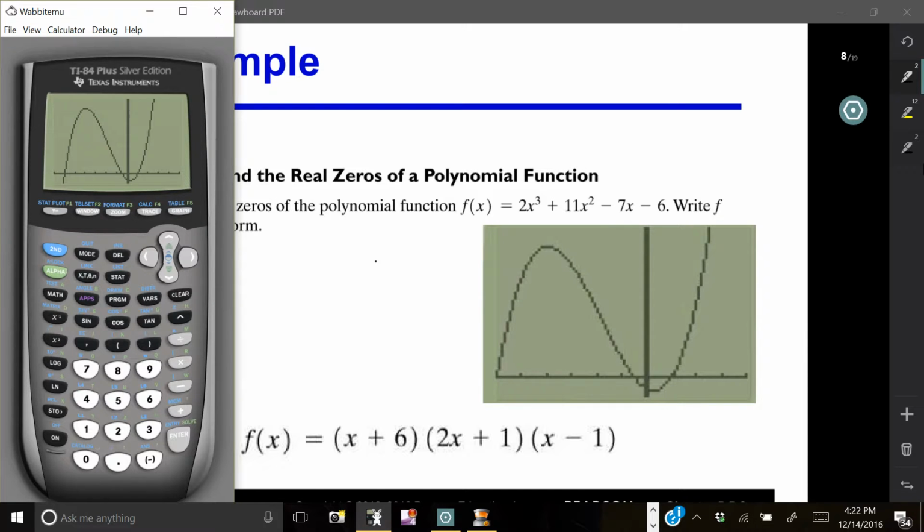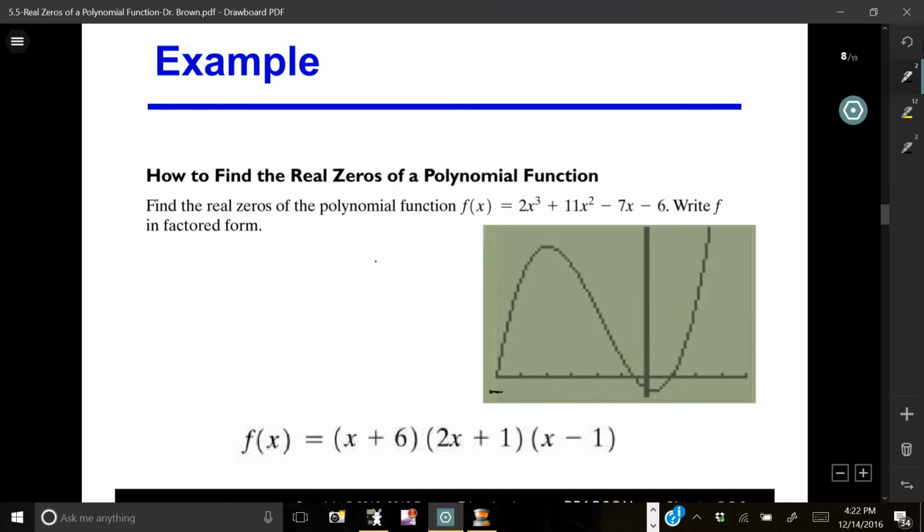the zeros are minus 6, minus 1/2, and plus 1. Now you can put these in your calculator just to make sure.